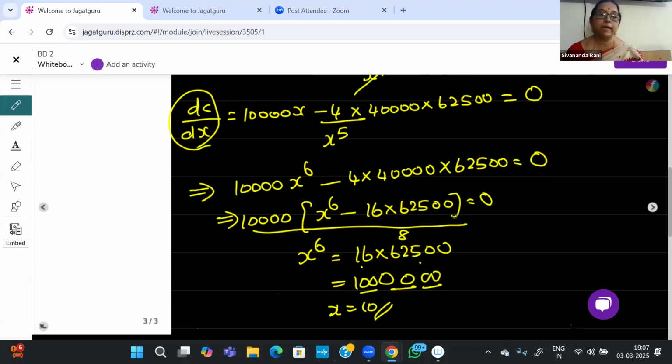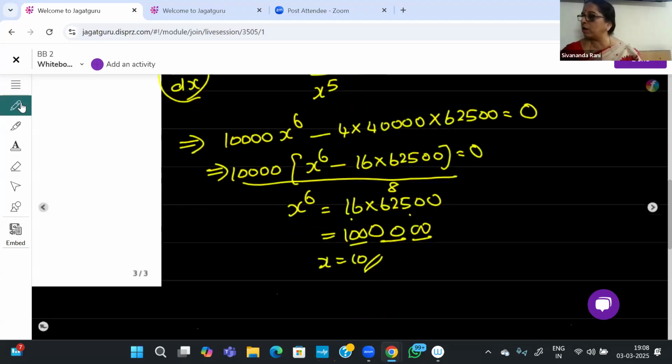Decreasing? Why? Increasing? Why? He's asking whether this is positive or not. This is your first derivative, right?